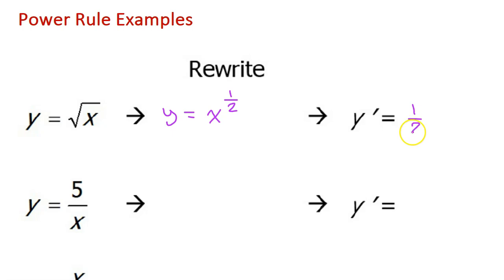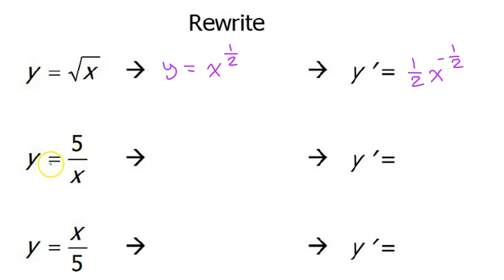So we will have 1/2 x to the something, and then the new exponent will be 1 less than the original exponent. 1/2 minus 1, if you need to, think 1/2 minus 2 over 2, is going to be negative 1/2. So we will have 1/2 x to the negative 1/2 power.